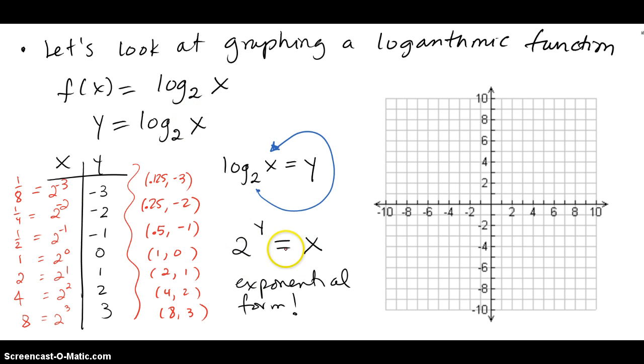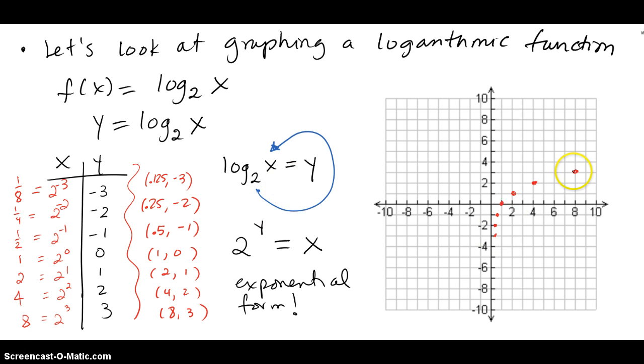So let's go plug those in. Once I worked with the exponential form of this logarithmic function, I put in these exponents and got these values and made them into ordered pairs. So I have 7 ordered pairs that I'm going to graph to get an idea of what the graph of a logarithmic function looks like.